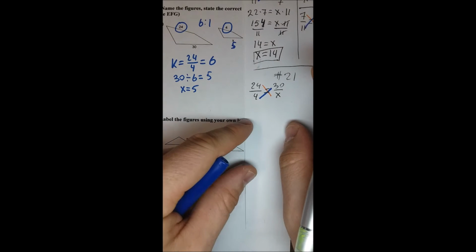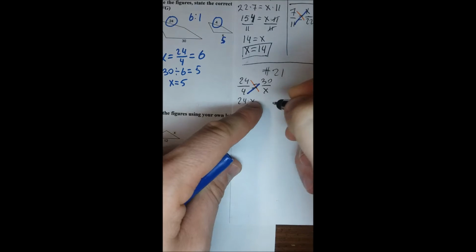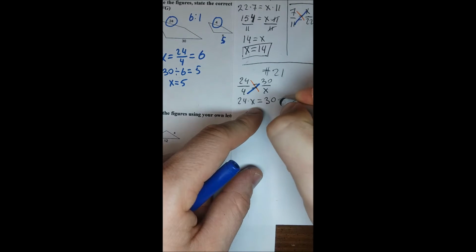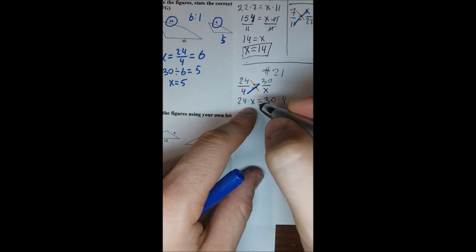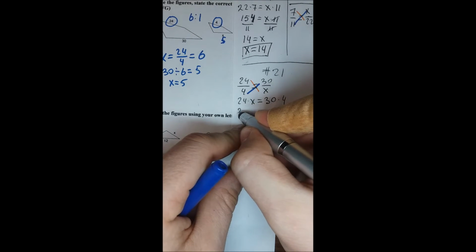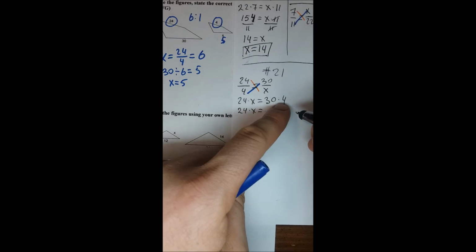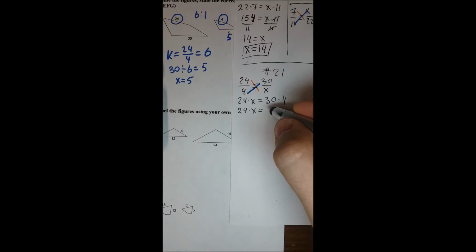So again, 24 times x equals 30 times 4. I can't do anything with 24 and x, so I'm going to leave it as 24 times x equals 30 times 4. And 30 times 4 is 120.